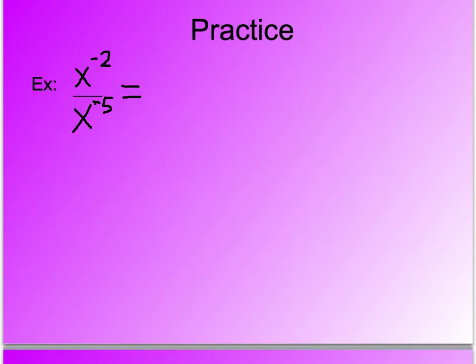For this example, because we have the same base of x in the numerator and the denominator, I'm going to subtract the two exponents. So this is actually equal to x raised to the negative 2 minus a negative 5. Oh, bad 5 there for you. And so this is actually x to the positive 3 power.